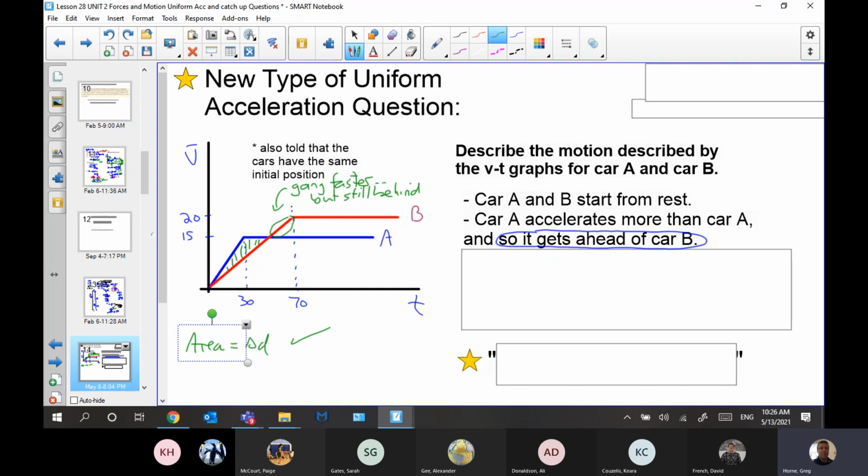We recognize that that area represents the distance ahead that car A is than B. So if we look at this distance in here, that now is car B getting ahead. You can probably tell by looking at it that this area here in red is car B catching up.